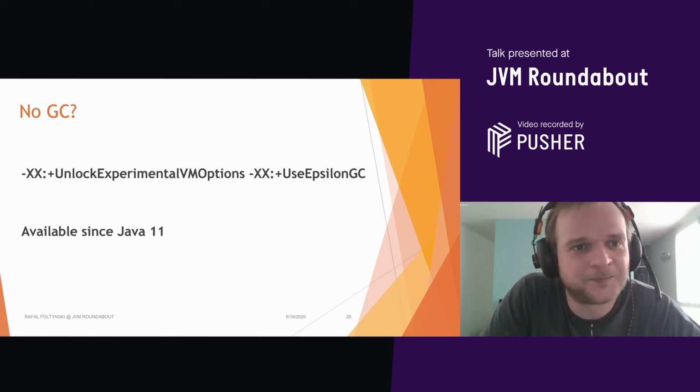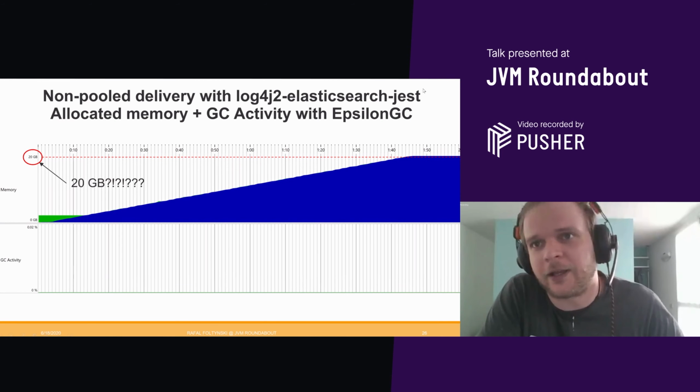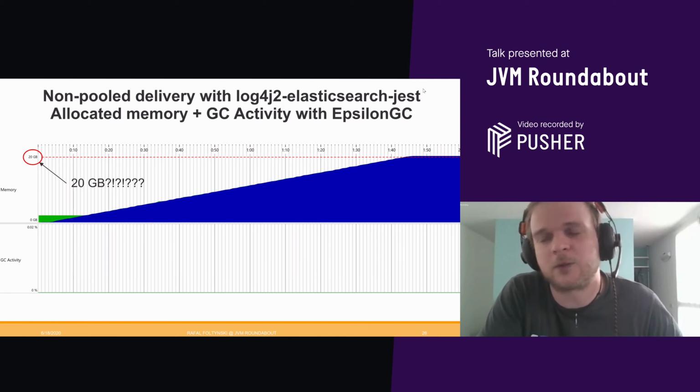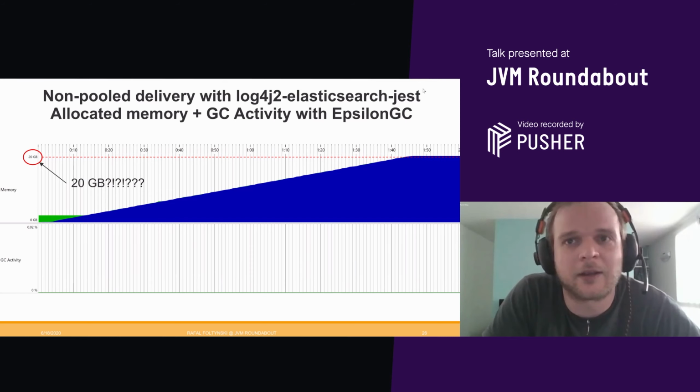So I've tried to push 1 million logs with one of the modules that I've developed called Log4j to Elasticsearch Jest. Under the hood, it uses a third-party library, including HTTP client called Jest, obviously.